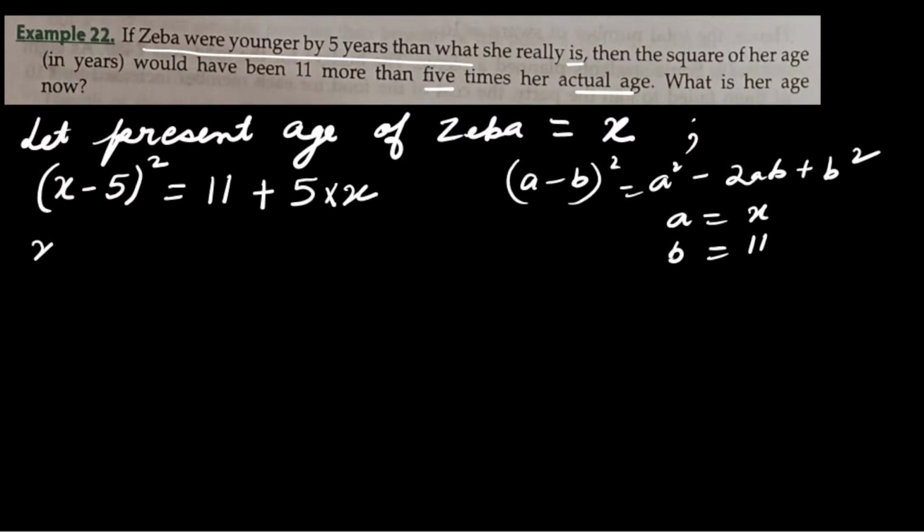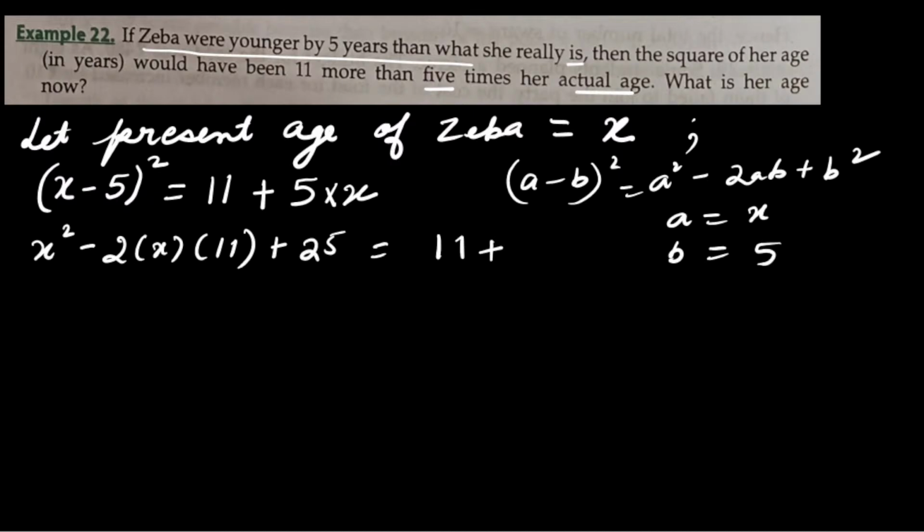So a square means x square, minus 2 into x into 5, plus b square is 25. This is equal to 11 plus 5x. So x square minus 10x plus 25.